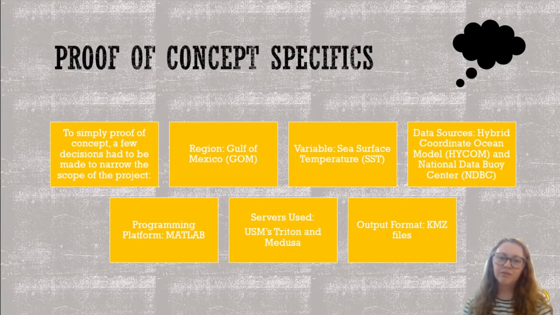The variable that I'm looking at is one-dimensional sea surface temperature. The data sources that I will be pulling from, as I discussed previously, are HYCOM and NDBC. I'm using MATLAB to write my scripts. I'm borrowing USM servers Triton and Medusa, and my output will be KMZ files.